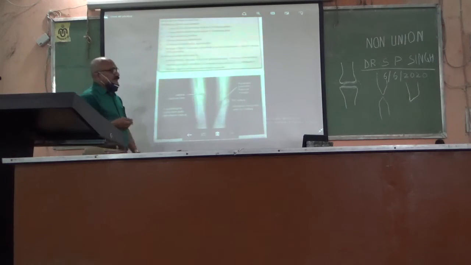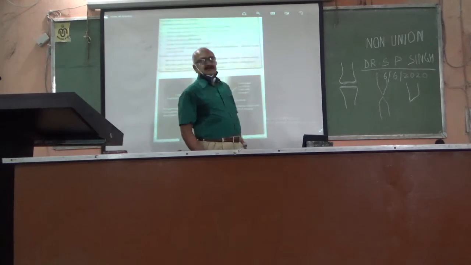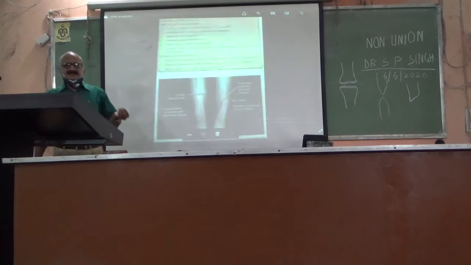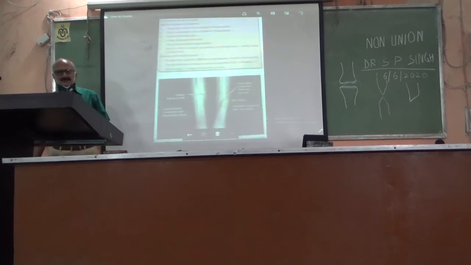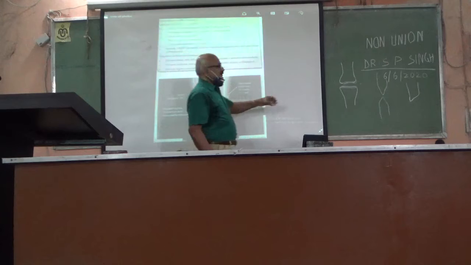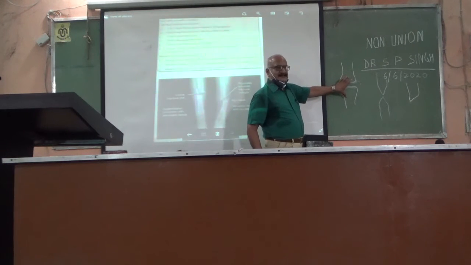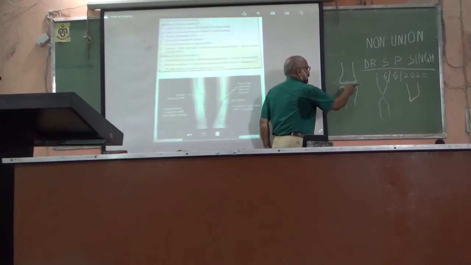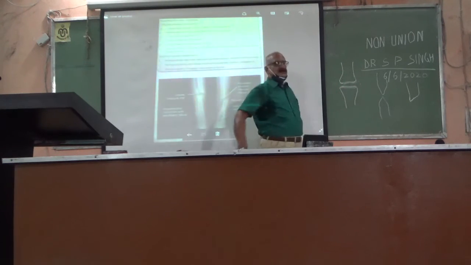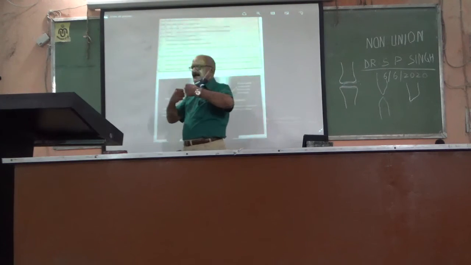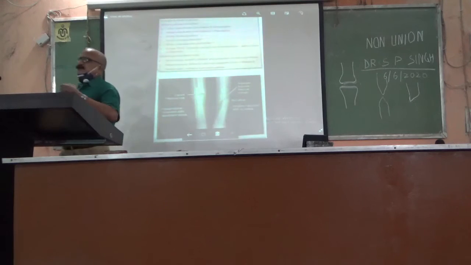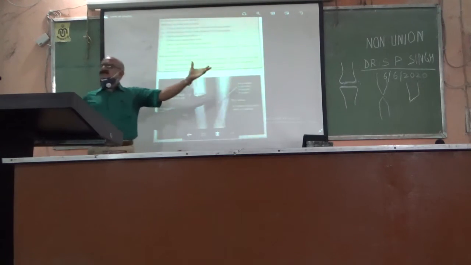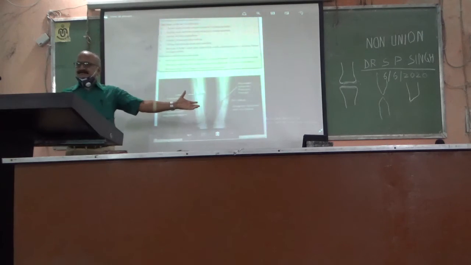At times you can find pseudarthrosis. Pseudarthrosis मतलब pseudo मतलब गलत झूठा और arthrosis मतलब joint. In very long standing non-unions, sometimes what happens, this forms a joint. The area between these two elephant pads, it forms a synovial joint, and sometimes even synovial fluid starts coming out of it.